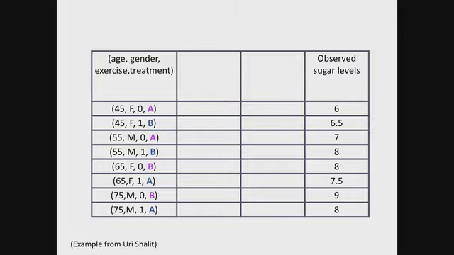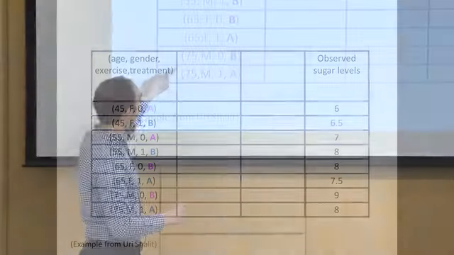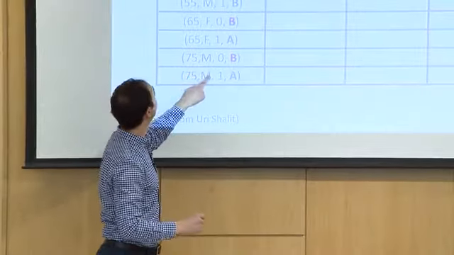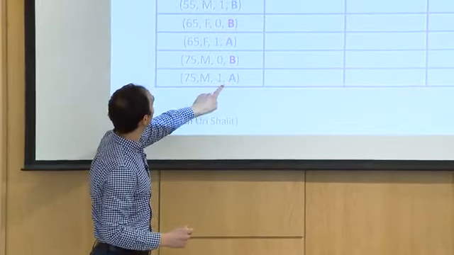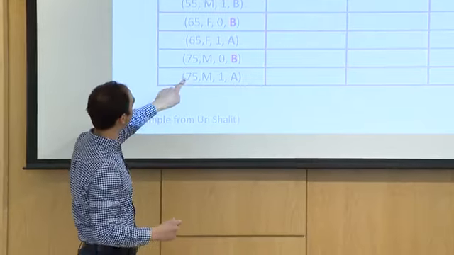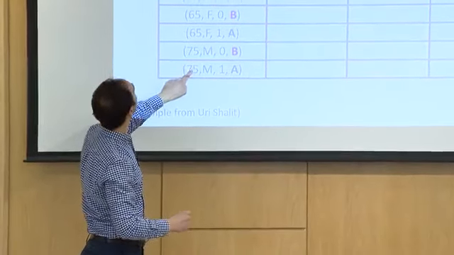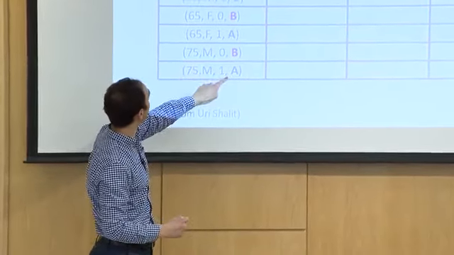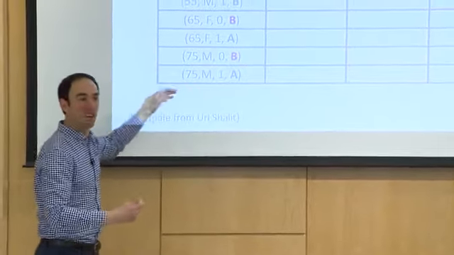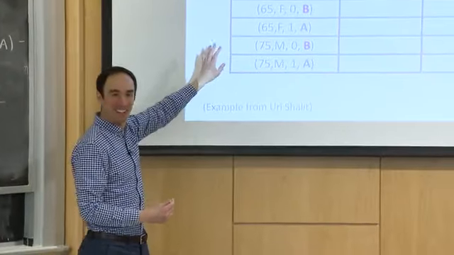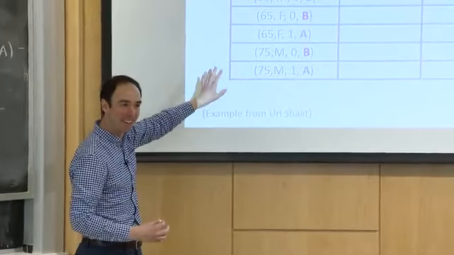And you could look to see, OK, here you have one 75-year-old male who does exercise frequently and receives treatment A. Is there anyone else in the data set who is 75 years old, male, does exercise regularly, but received treatment B? Yes or no? No. Good. So overlap is not satisfied here, at least not empirically.